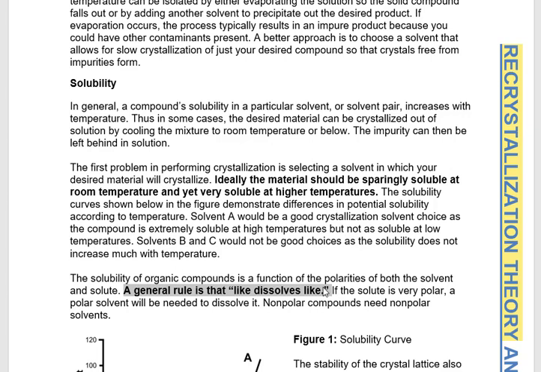They are highly soluble in water because they have exceptional polarity. They're so polar, they're charged. They don't have a partial charge, they have a full charge. So like dissolves like: polar molecules dissolve in polar solvents, while non-polar molecules will not dissolve in polar solvents. Something like hexane is not very soluble in water because hexane is a nonpolar molecule.